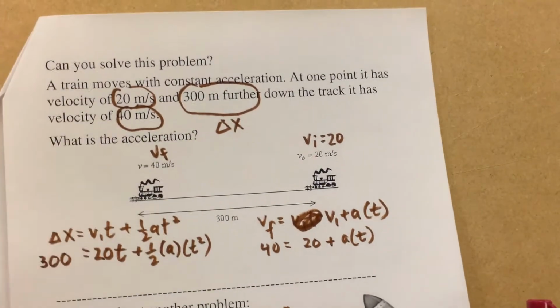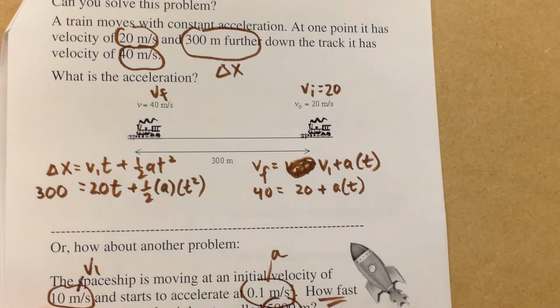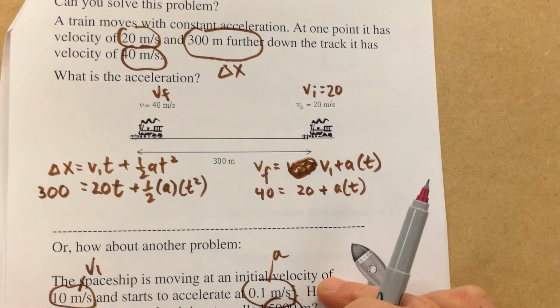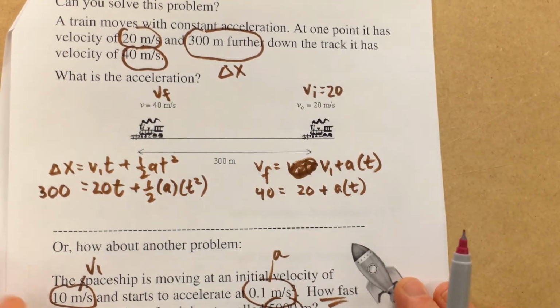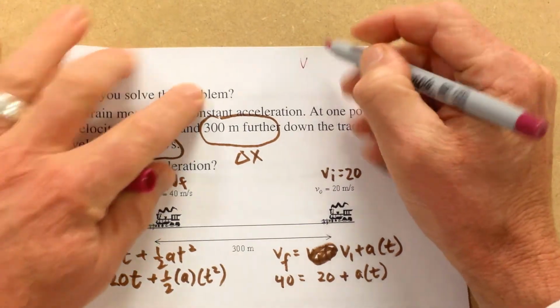So let's go back to page 2 and think about this first problem, the train problem. Well, we said we know the final and initial velocity. We know how far. We're not sure exactly how much time. So let's write down this third equation.